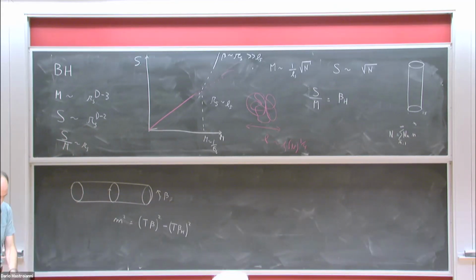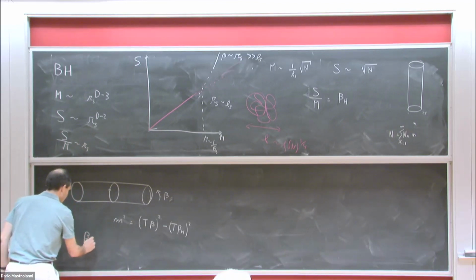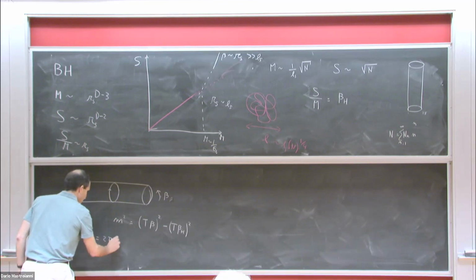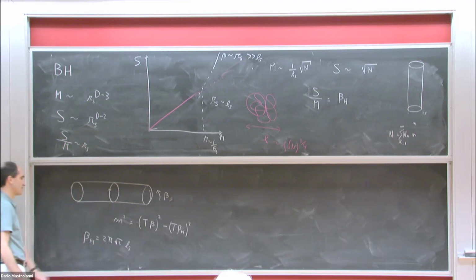Very good. So you can go ahead and compute this number. For example, beta h is equal to 2 pi square root of 2 times the string length for the case of the type 2 string.